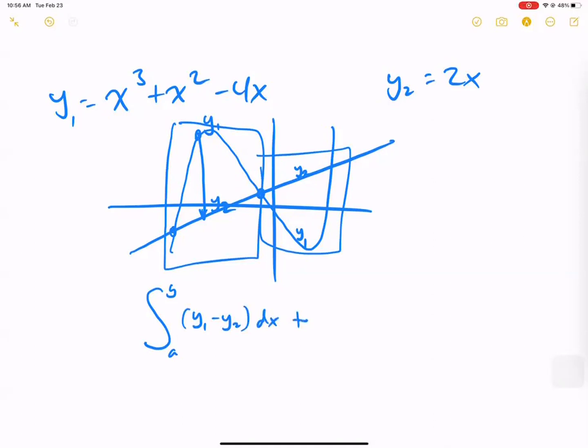And then we add the integral from b to c of y2 minus y1 dx. Take a look at what I did here. I broke up this huge problem into 2 separate problems. Instead of running the whole equation through the whole graph, we do our first meal of the day, take a break, and then take our second meal of the day.